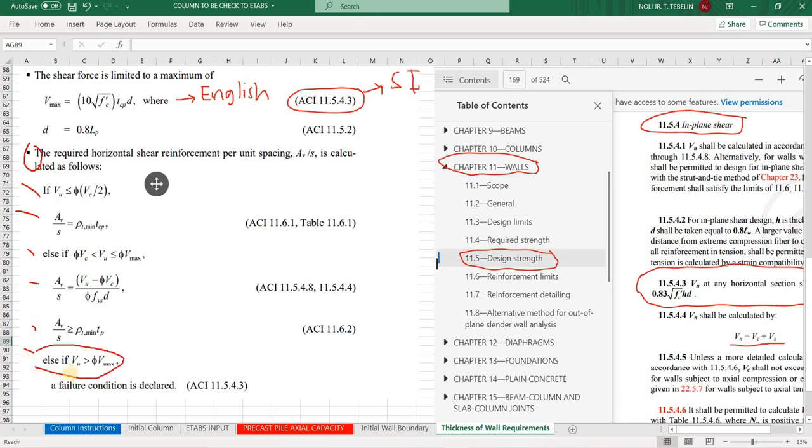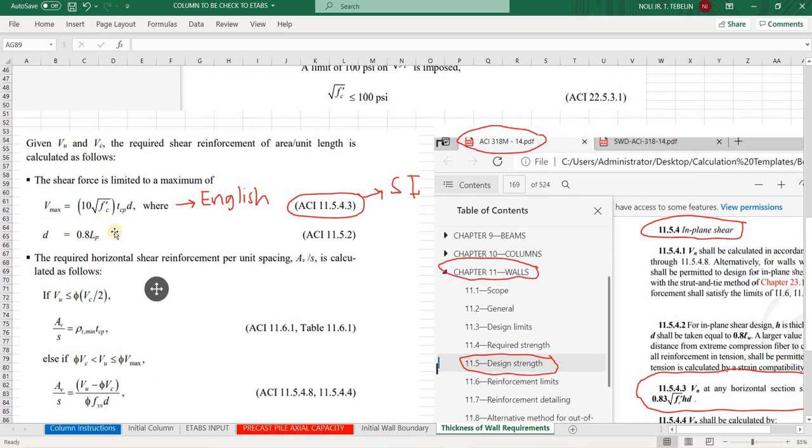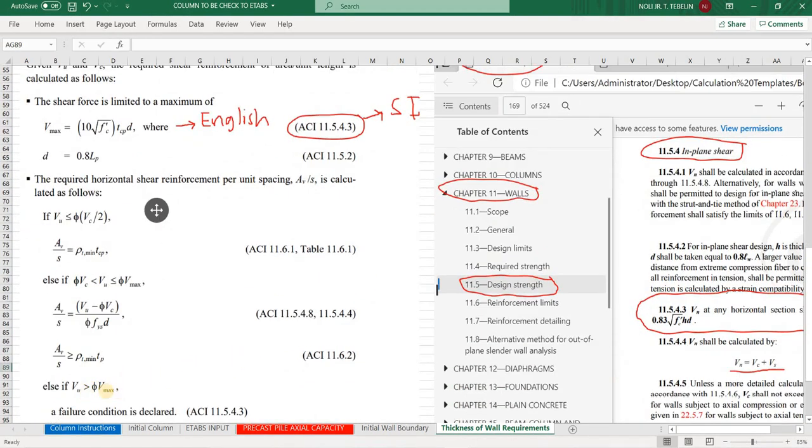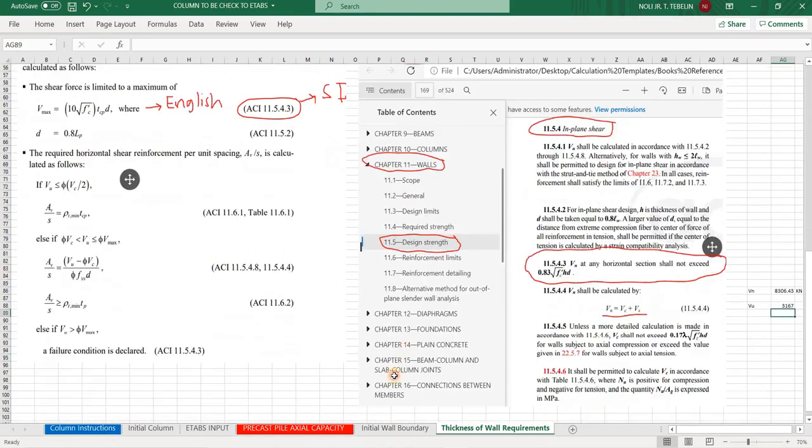So else if Vu is greater than Vmax, so this is the Vmax of the code, that is equivalent to this one. Okay, so if Vu is greater than Vmax, you have to increase the thickness of the wall, or increase the concrete strength. Okay, so this is the discussion for the shear wall thickness.